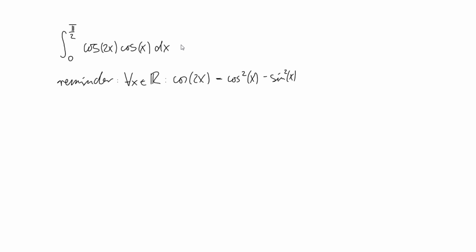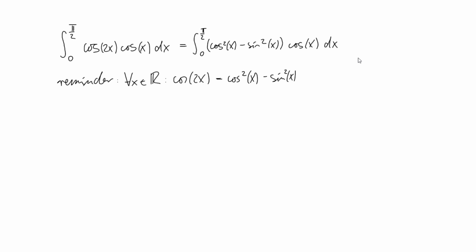So that would give us the integral from 0 to pi over 2 of (cosine squared of x minus sine squared of x) times cosine of x dx.